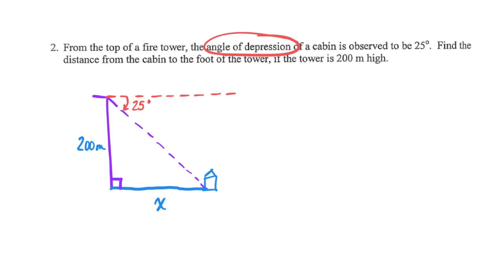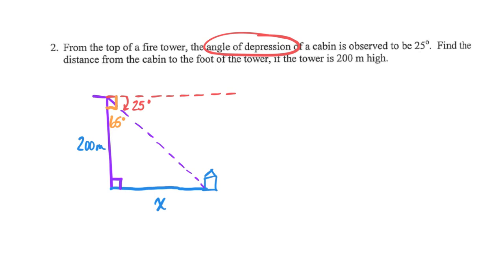So if the person's neutral position at the top of the tower is straight out, then it should make an angle that is perpendicular with the fire tower. So if the red angle is 25, then the angle inside the triangle has to be 90 minus it. The complementary angle, it's 65 degrees. And you may choose to use that 65-degree angle to solve for x. I'm going to do that solution in orange off on the side.